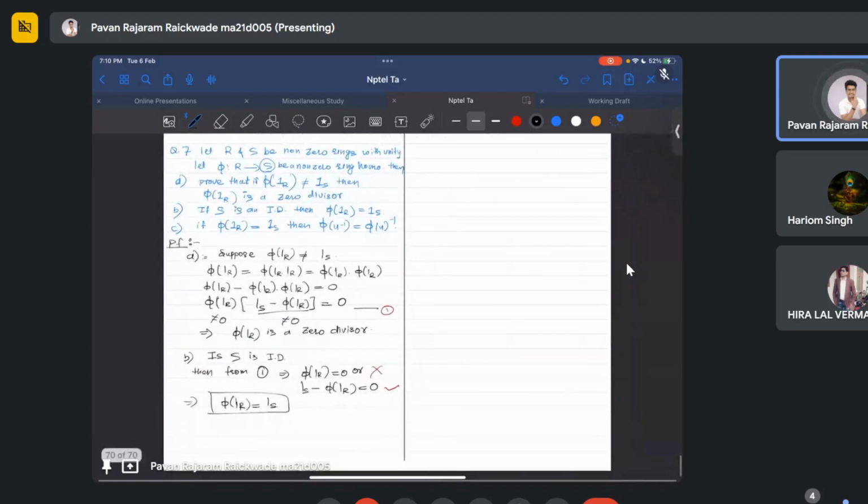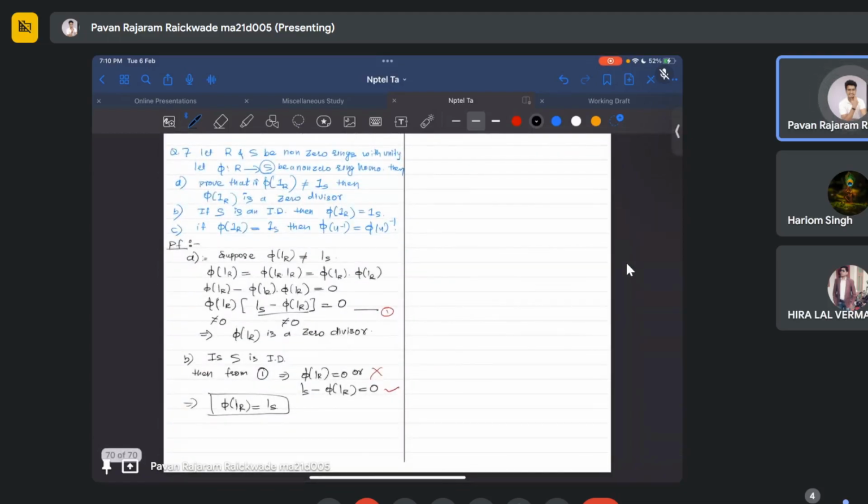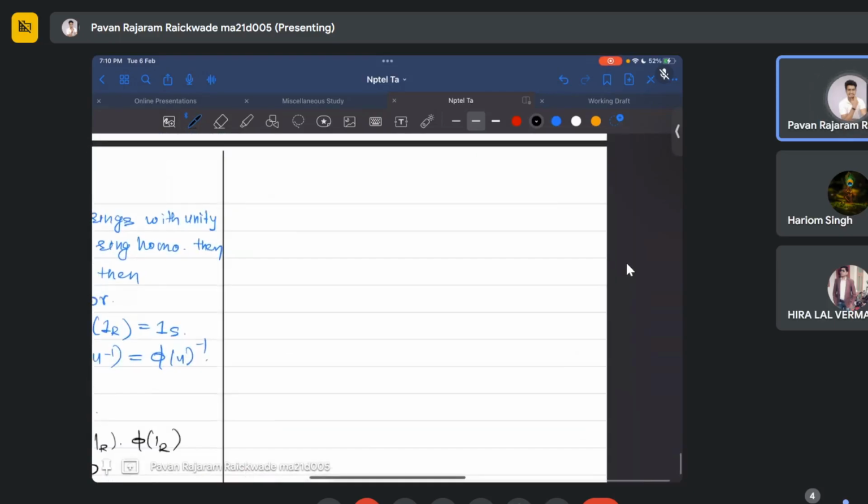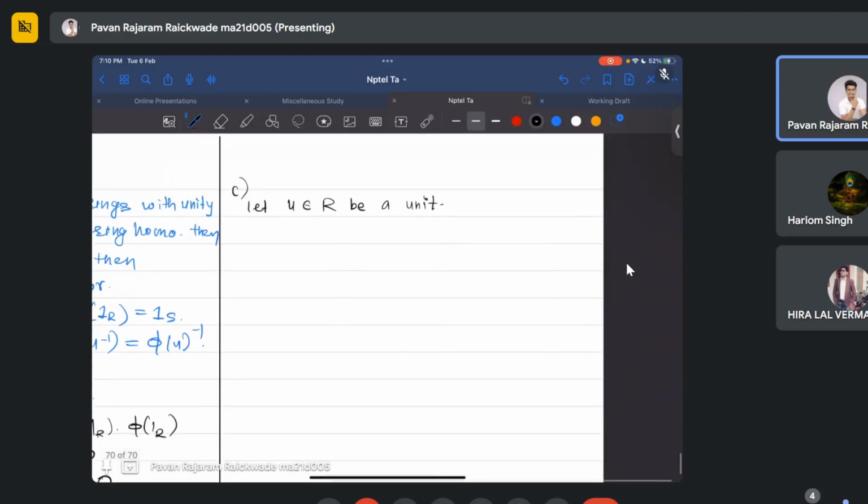What is part C? If phi 1R goes to 1S, then the image of a unit is also a unit. This is simple. Let u belonging to R be a unit. Which implies u inverse times u is 1R, the unity in the ring R. What do you get here?